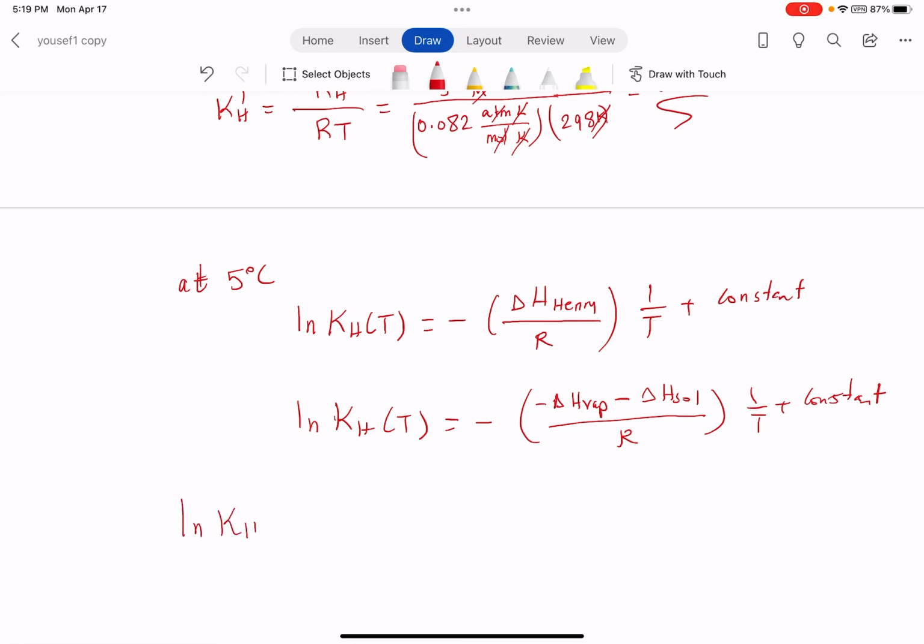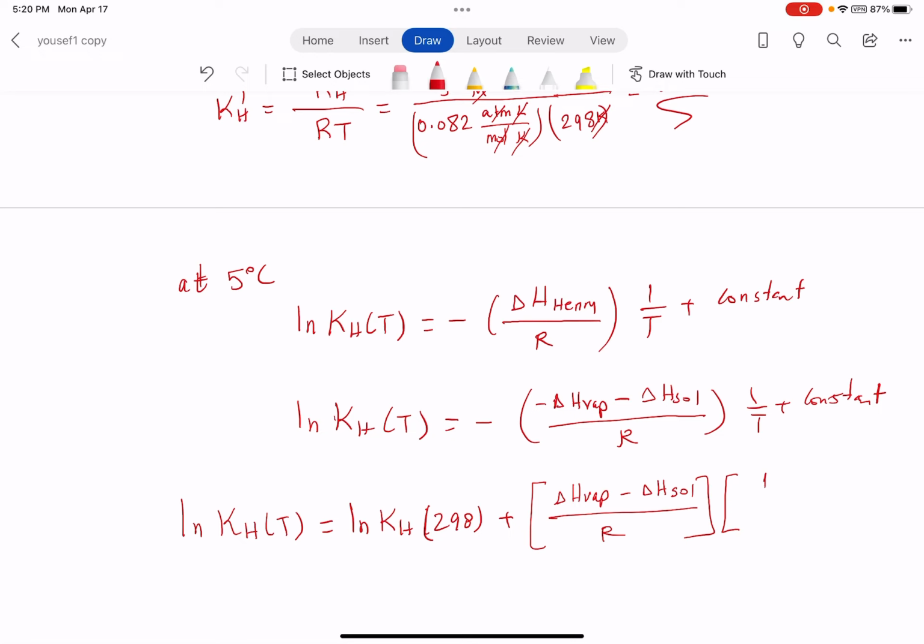It is the same equation we're going to use right now: ln Kh at 298, at 25 Celsius, plus, remember, delta H vap minus delta H solubility over R, that is the slope, times 1 over 298, minus 1 over the new temperature, which is 5 Celsius, but we have to change this to Kelvin.